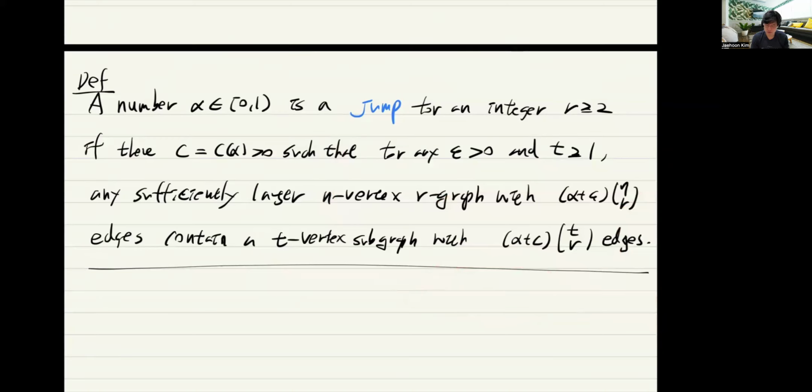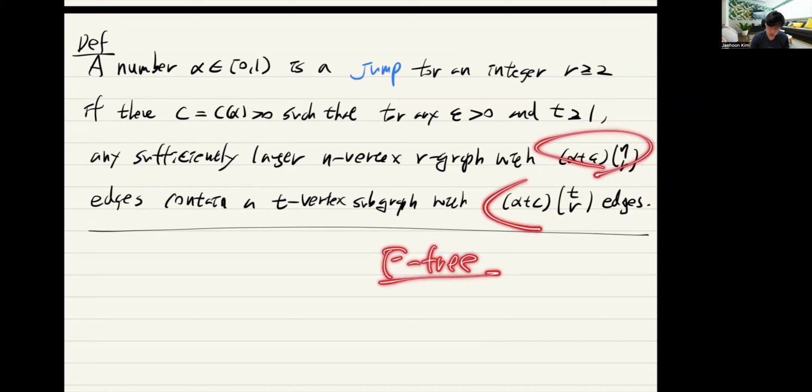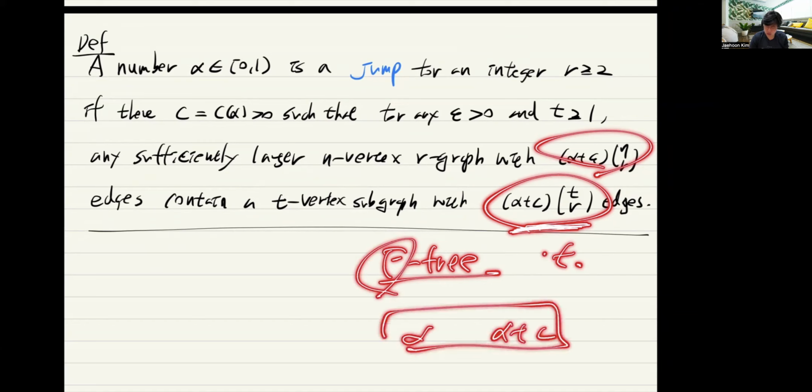So it shows that if there is an F-free graph with more than this many edges, then there must be an F-free graph with more than this many edges with t vertices. So this shows that there is no graph F whose Turan density is between alpha and alpha plus c. It cannot be. If such a graph exists, then obviously by using that, its Turan density is actually bigger than alpha plus c.